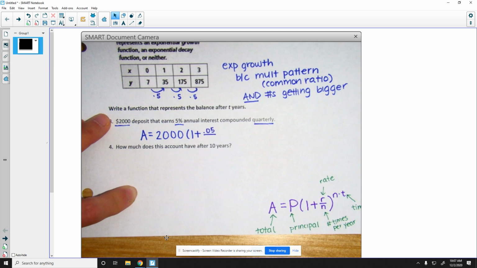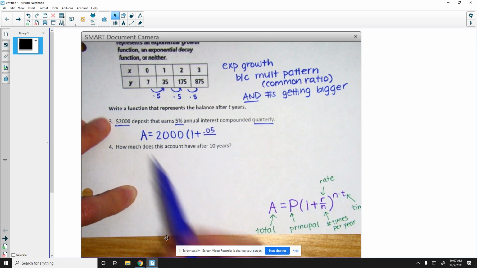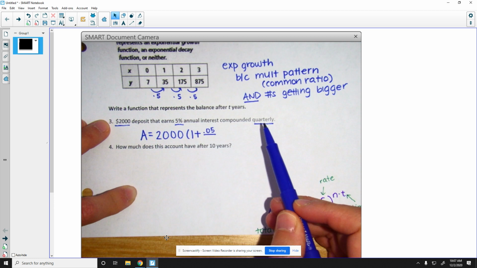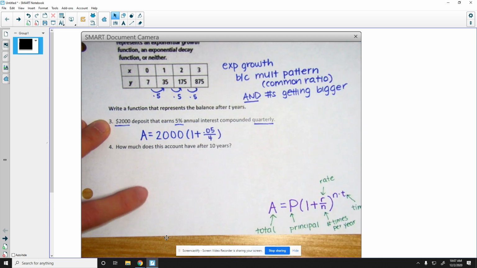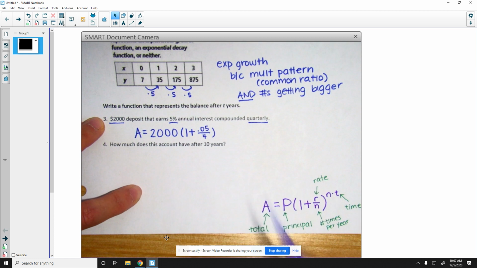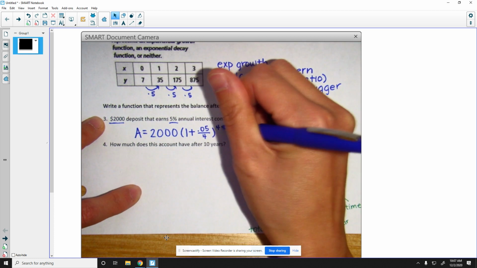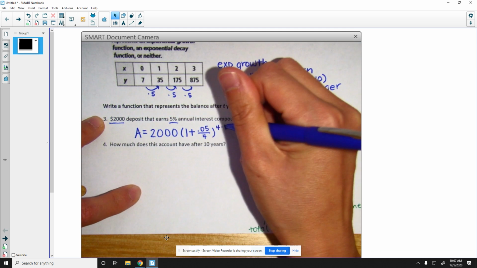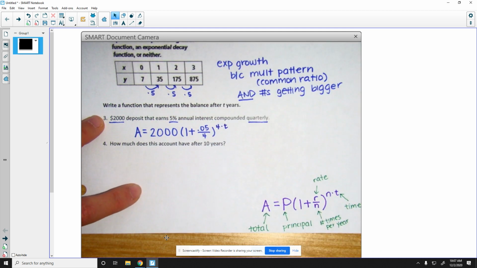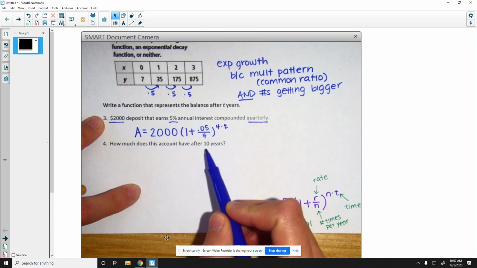Always written as a decimal. Over N. How many times a year? 4. Quarterly, right? There's 4 quarters in a game. There's 4 quarters in a dollar. To the N times T. So N was 4, we said. Times T, it doesn't say because we're not solving it. They just told us to write it, right?